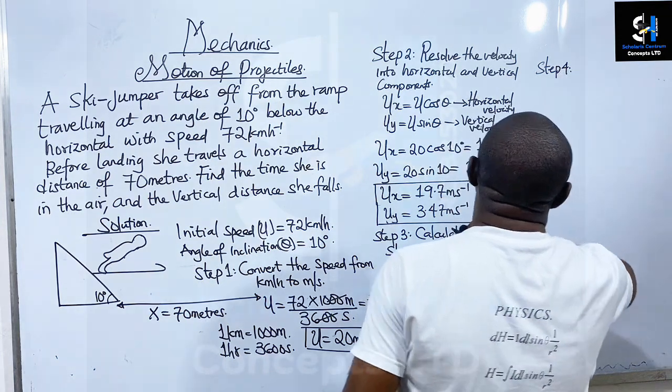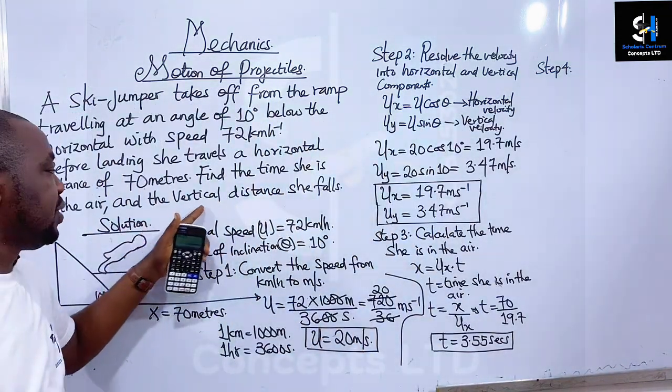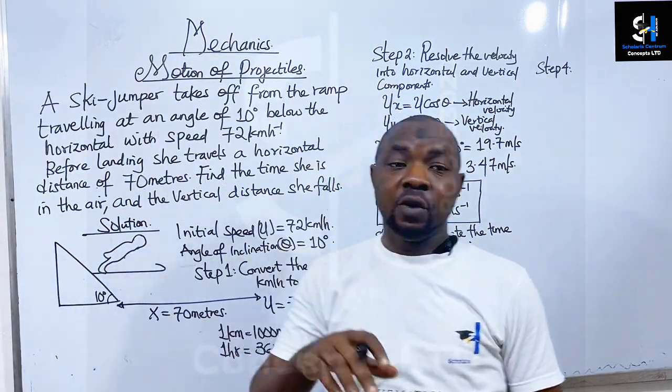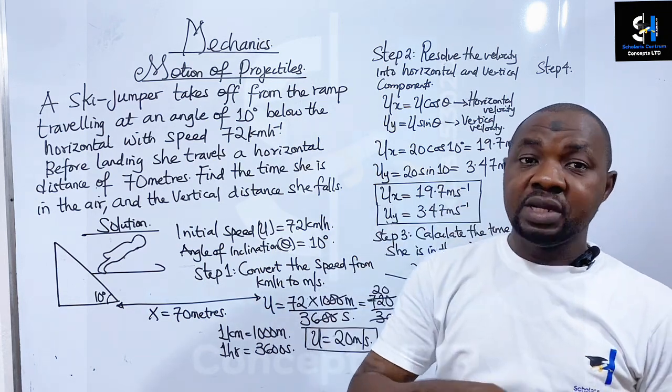Now step 4. What are we looking at? We want to find the vertical distance she falls. Because the motion is downward, it will be negative.